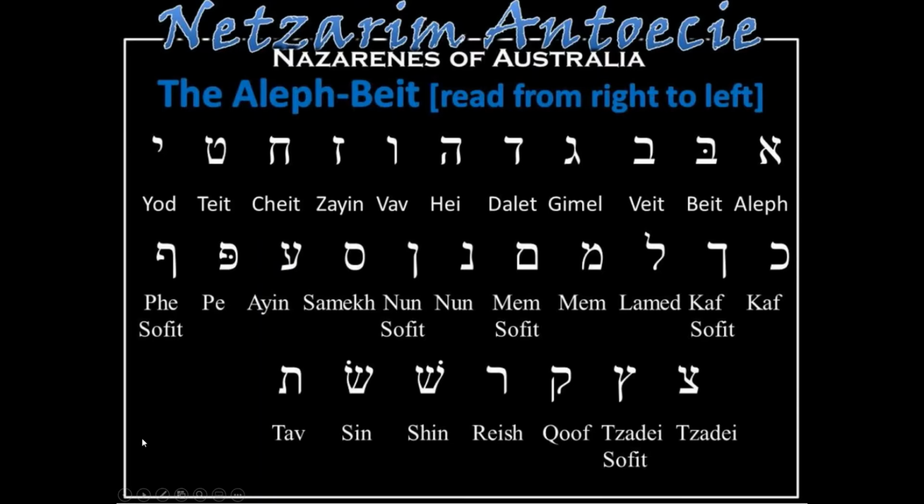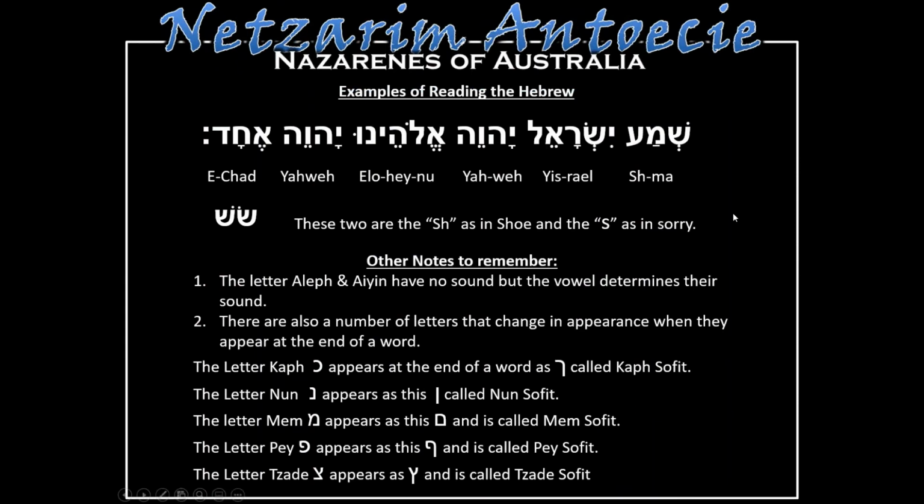Okay, now let us move a little bit further. And now I'm giving you some examples of reading Hebrew. This being a very common one that we use every time we do our liturgy. And it's read as... As you notice, this is silent.